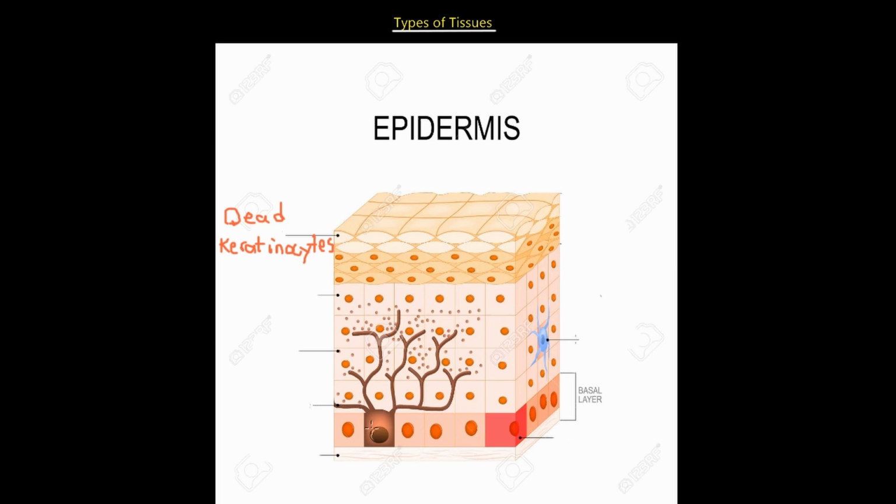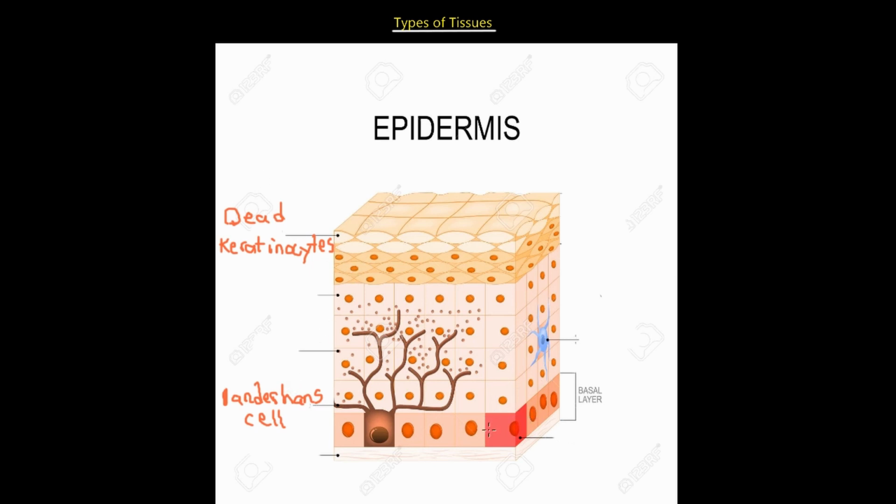Now, this one right here, this cell that kind of protrudes everywhere, this is called a Langerhans cell, and their main function is to maintain immunity. They would basically decide the immune response that will be used in case there's a pathogen that comes through the dead and alive keratinocytes.